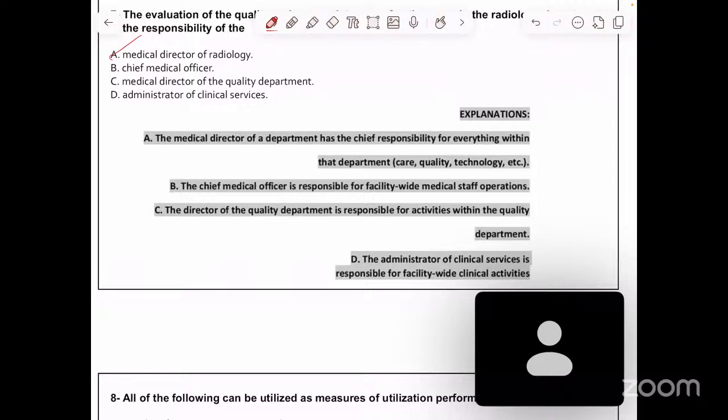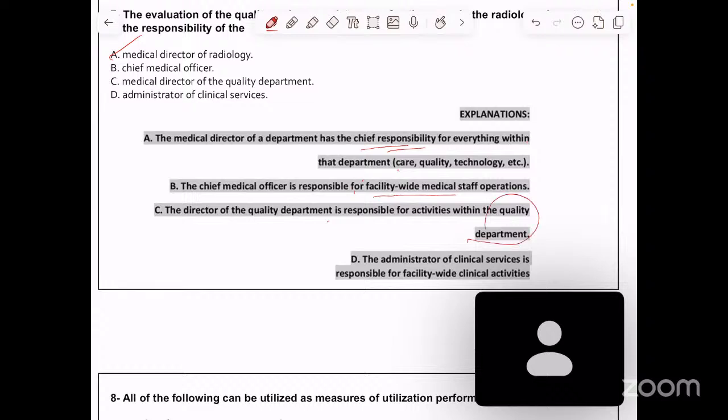So, the medical director of a department has the chief responsibility for everything within the department. For letter B, the chief medical officer is responsible for the facility-wide medical staff operations, while the director of the quality department is only for activities within the quality department.